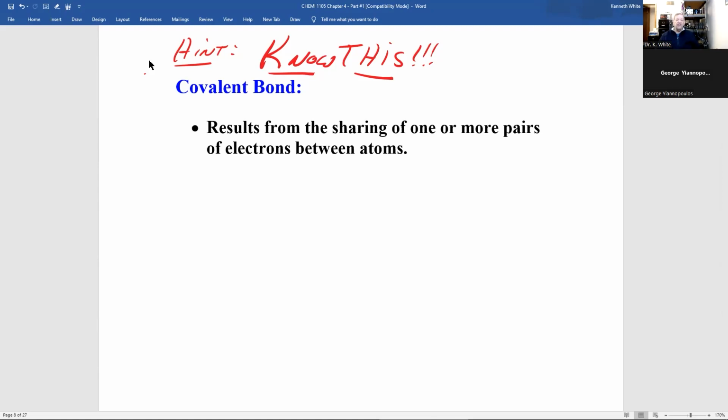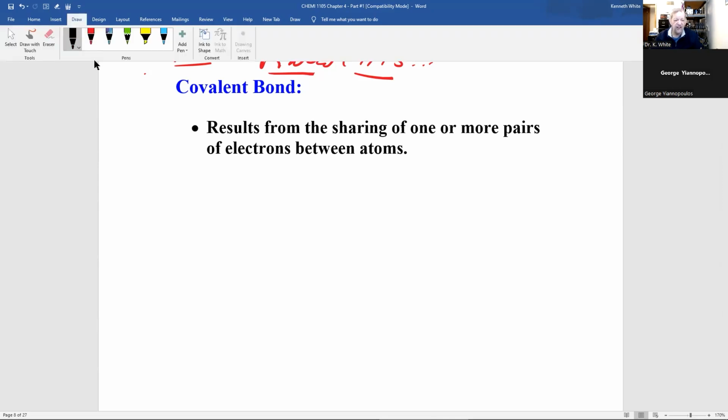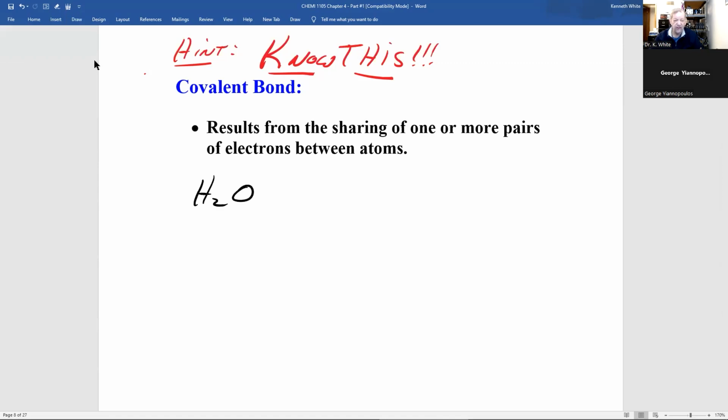So a covalent bond results from the sharing of one or more pairs of electrons between atoms. An example of this is water. The hydrogen atoms and the oxygen are held together by sharing one or more pairs of electrons between atoms.